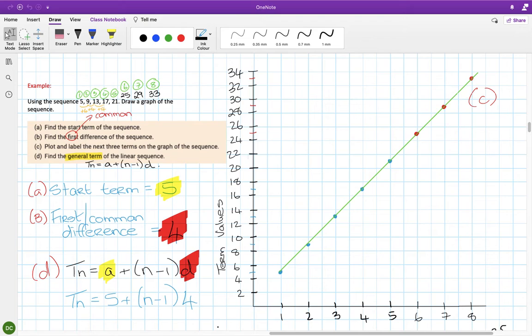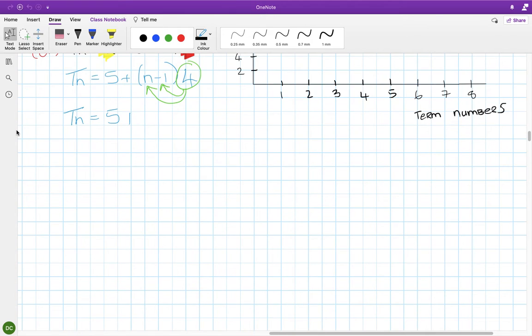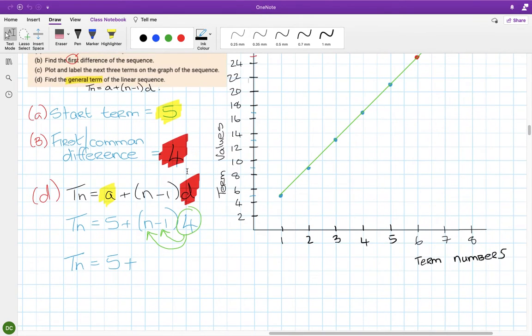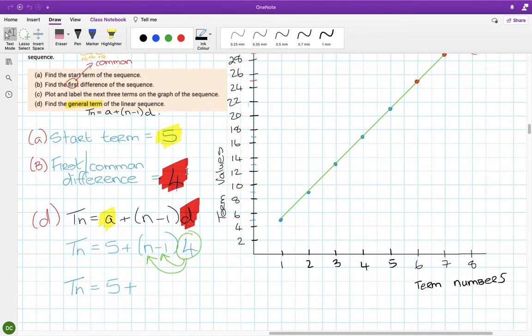You're going to multiply the 4 by the n and by the minus 1. The rest of this is not part of that multiplication, so we just write it down. So Tn equals 5 plus is not part of it, so we just write that down.